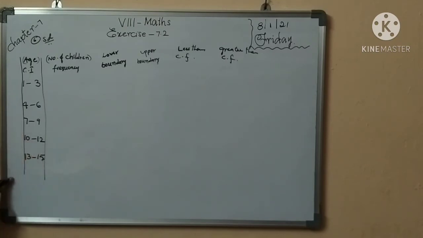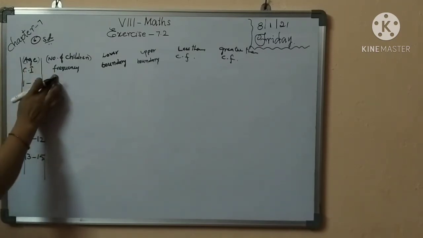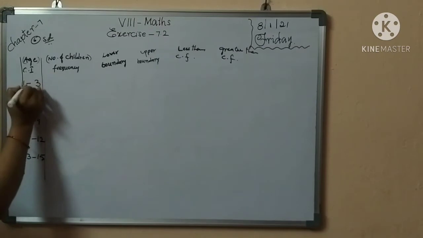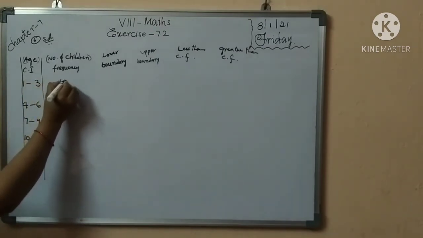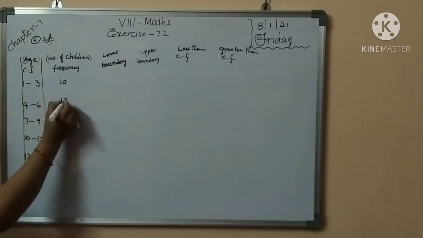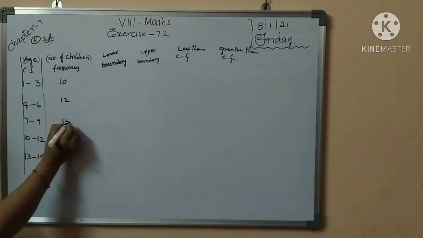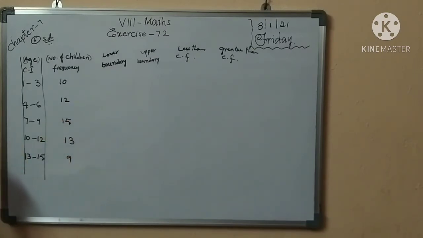Here the age is already given, so that is the class interval. Next, the number of children, that is the frequency. So for 1 to 3, the number of children is 10, and 12 here, and 15, and here 13 and 9.